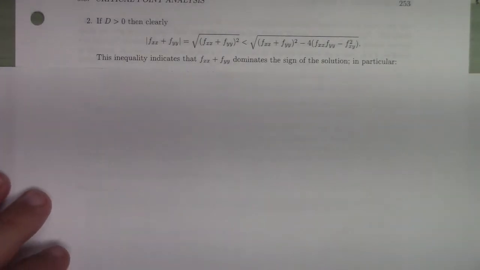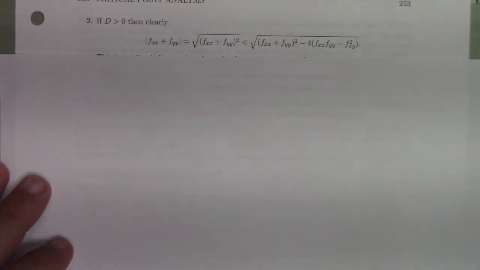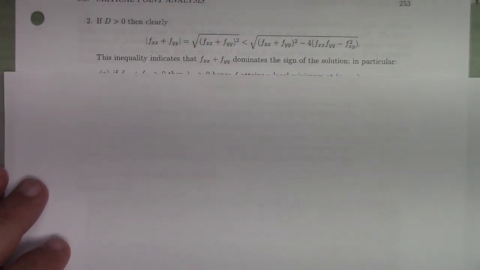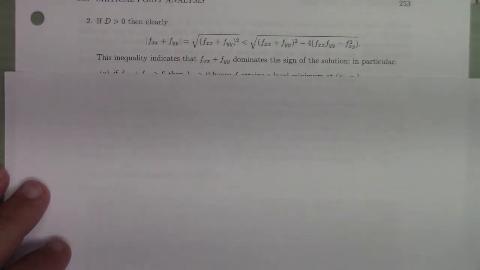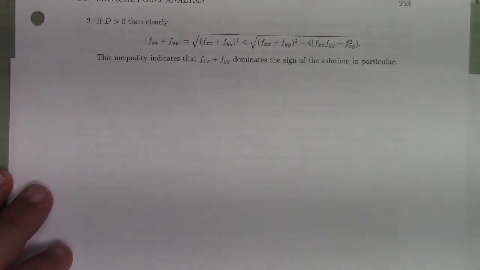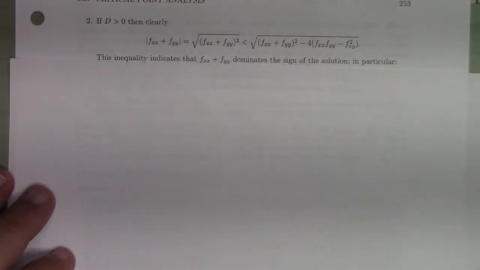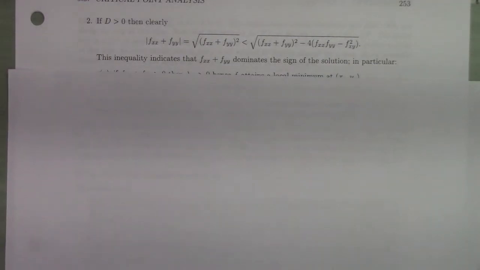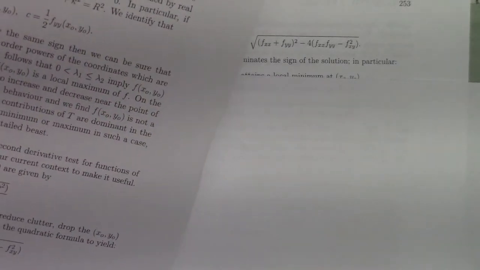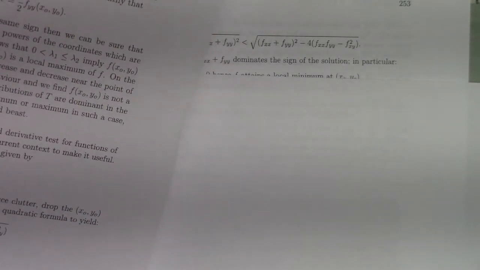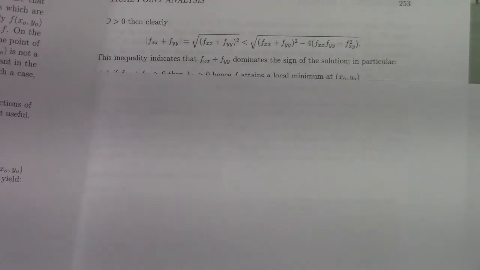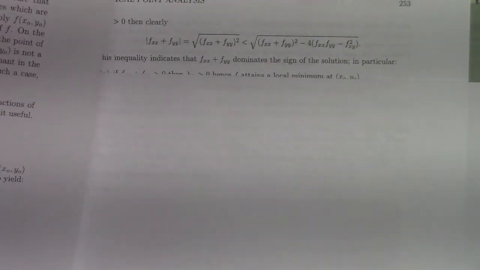And likewise, if D is positive, then that means that the square root term dominates, oh, excuse me, the other way around. Huh. Well, I think I would say it the other way.